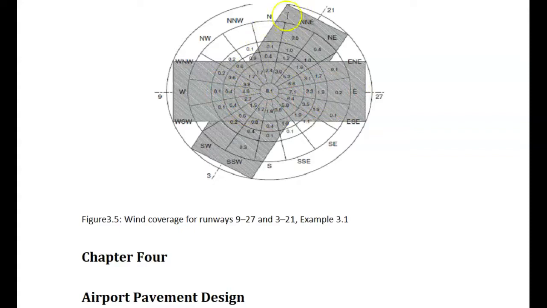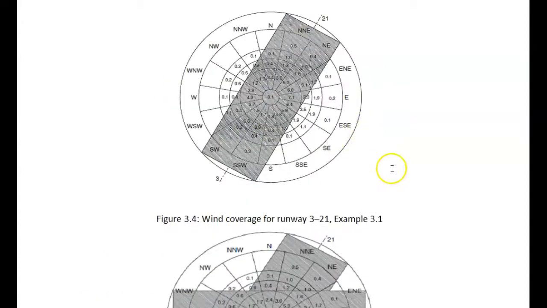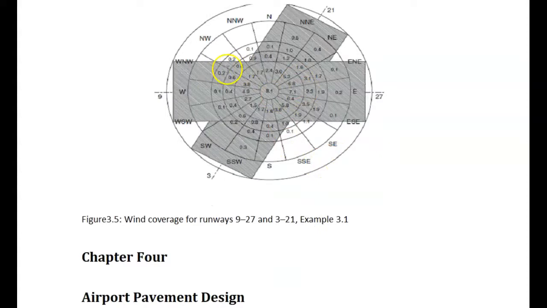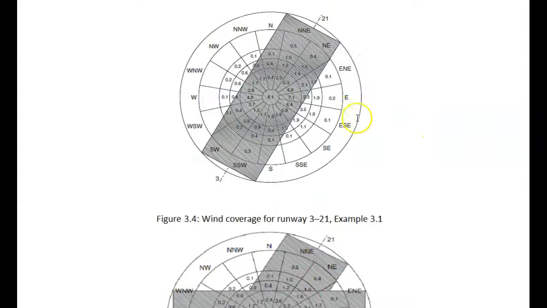So we have to provide the second runway, which is the crosswind runway. This one takes care of the remaining wind directions that are unaccounted for by the first one. So with this, we have been able to locate two runways, where one is the main runway and the second one is the crosswind runway.